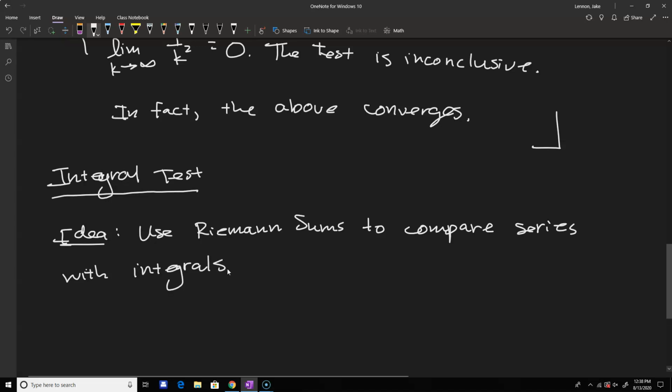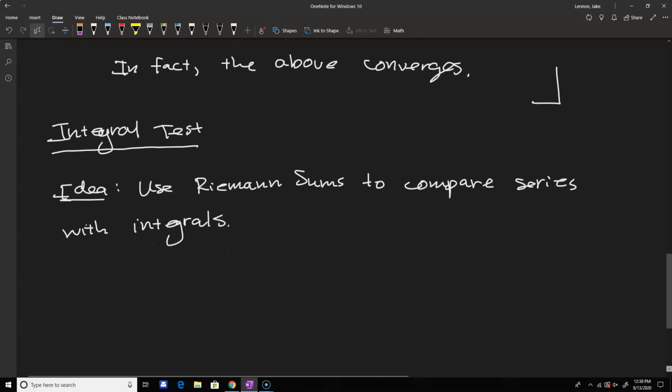And it's quite a good idea. So with that harmonic series that we looked at above, we can do that.